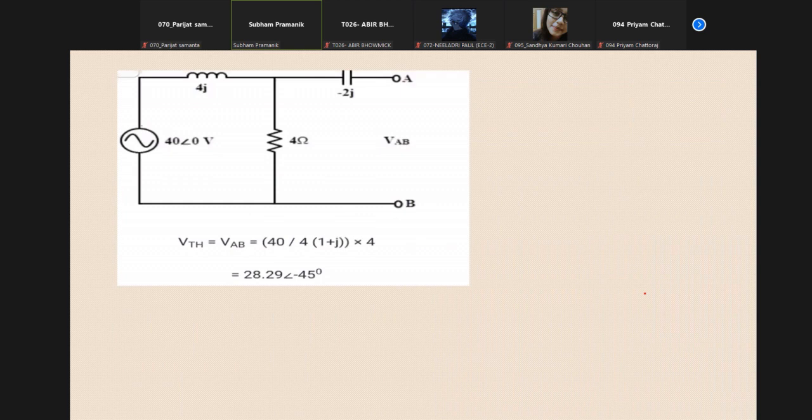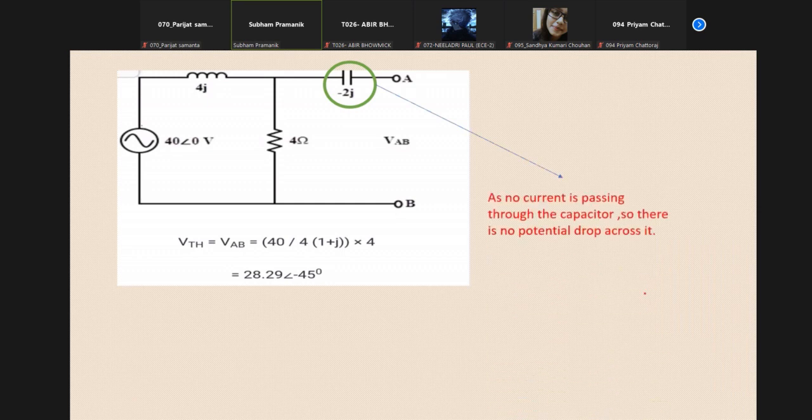To find open circuit voltage, we note that the capacitor having an impedance minus 2J doesn't carry any current. So naturally there is no potential drop across that capacitor. So that VAB will come across 4 ohm.